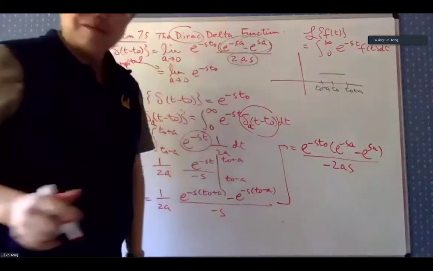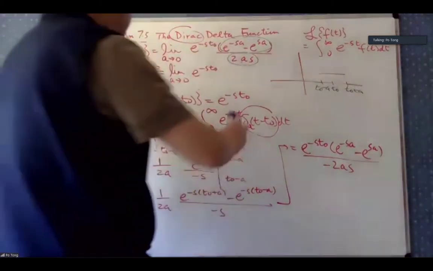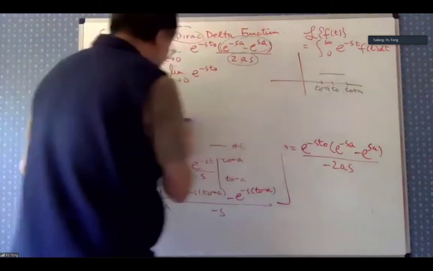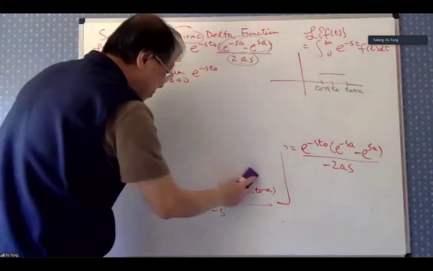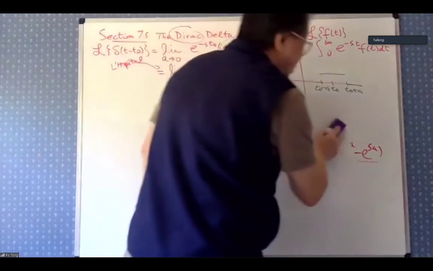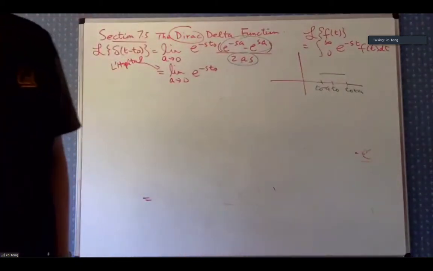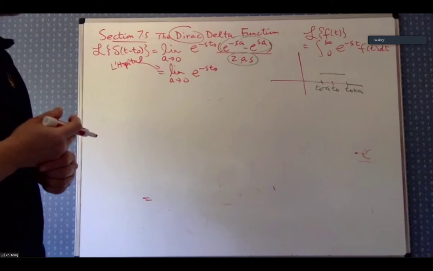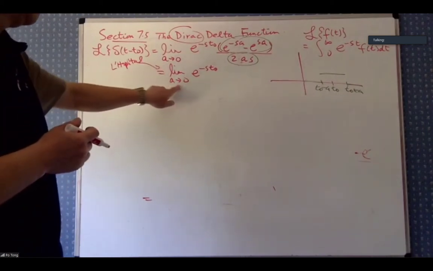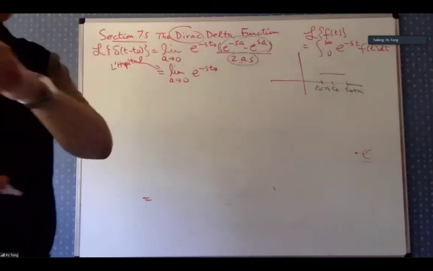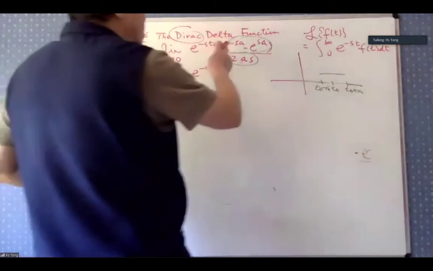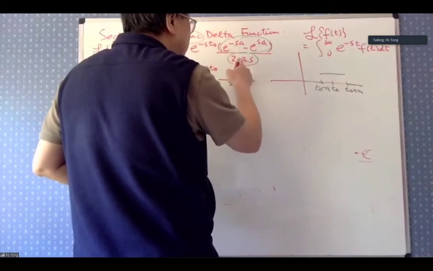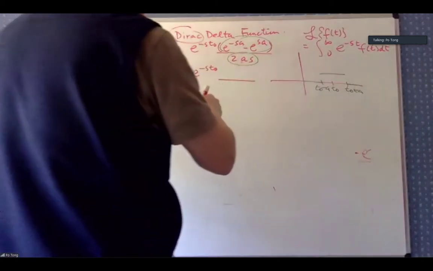Now when we use L'Hopital's rule, we have to differentiate the top and bottom with respect to a. Now the bottom, differentiated with respect to a. Am I missing a minus sign here?